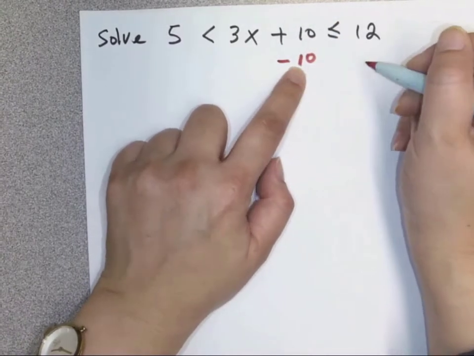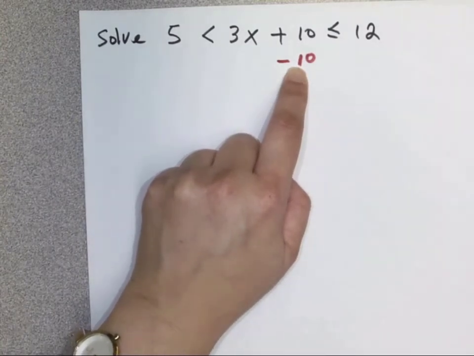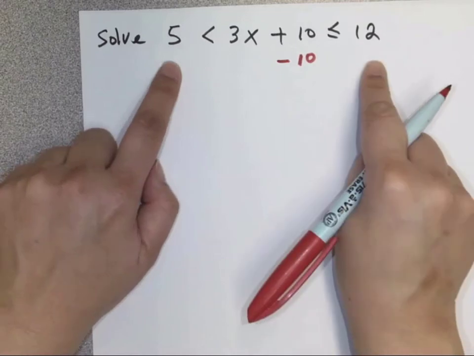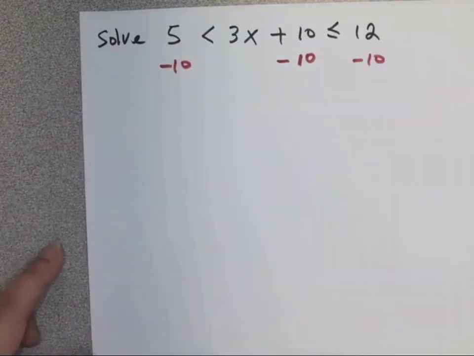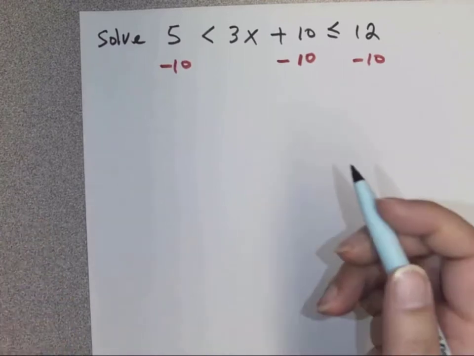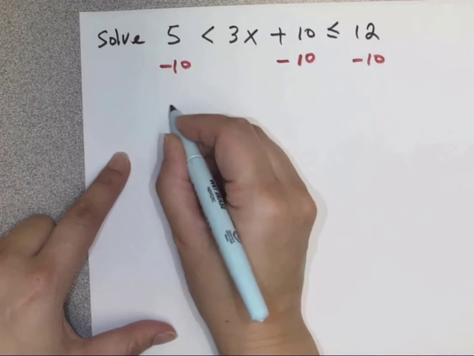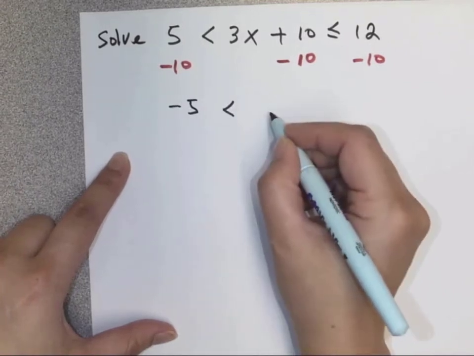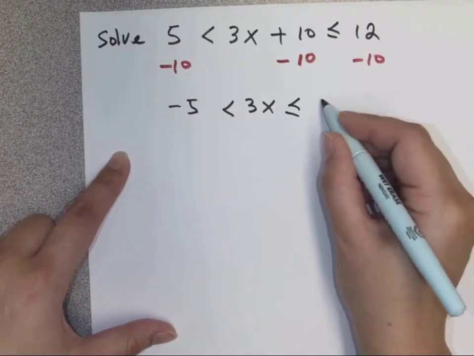Okay, so let's subtract 10 in the middle. If we subtract 10 in the middle, we also need to do what? Subtract 10 on both sides, on the left and on the right. That's good. All right. So now we have -5 less than 3x less than or equal to 2.